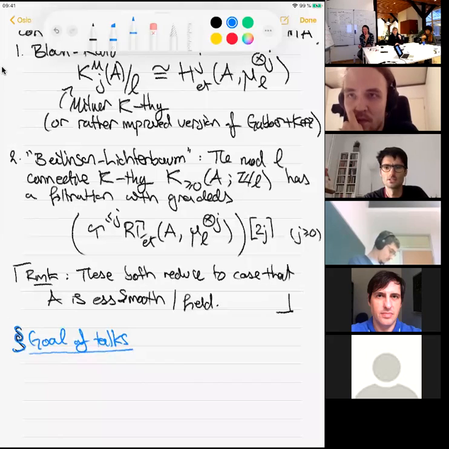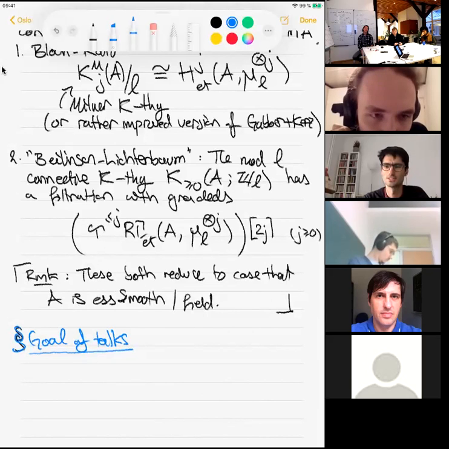In fact, you just need to check that if you have an element X in the ideal, then 1 plus X is a unit. That's clear because 1 plus X is going to be a unit modulo the ideal, and this is an equation to which I can apply Hensel's lemma.